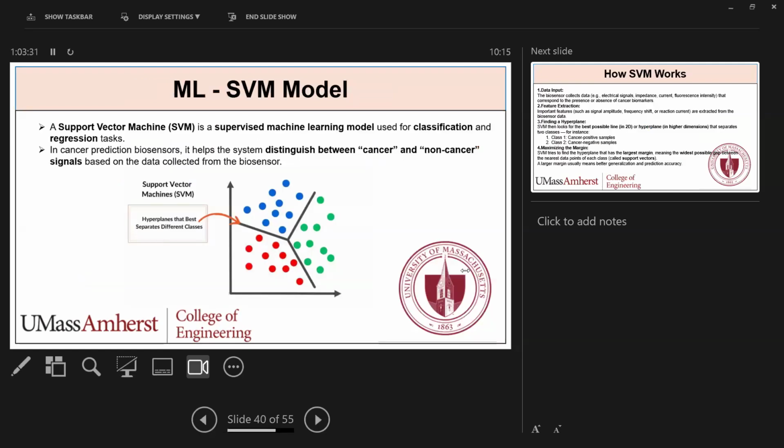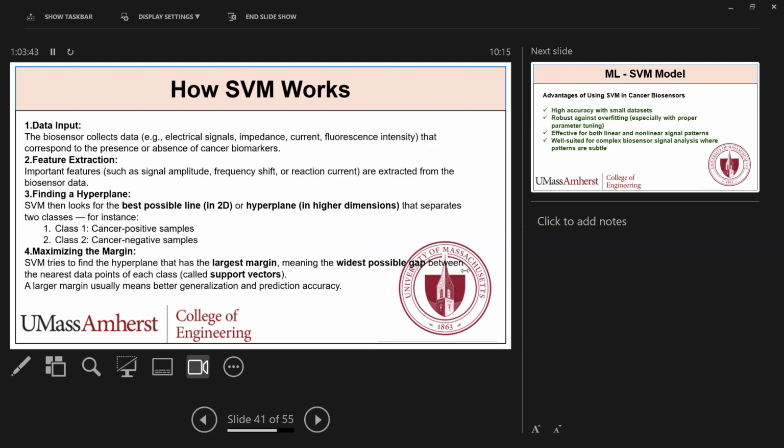In our work, we used the SVM model, a supervised machine learning model used for classification, and it clearly distinguished cancer and non-cancer signals. How it works: we give data input, electrical signals, impedance, and fluorescent intensity corresponding to the presence or absence of biomarkers.